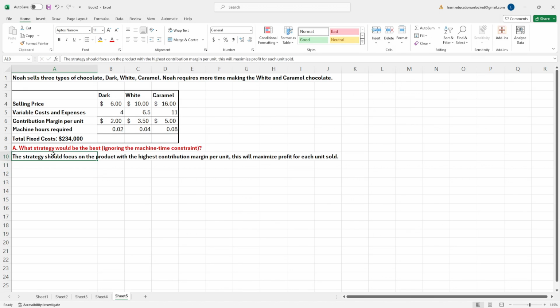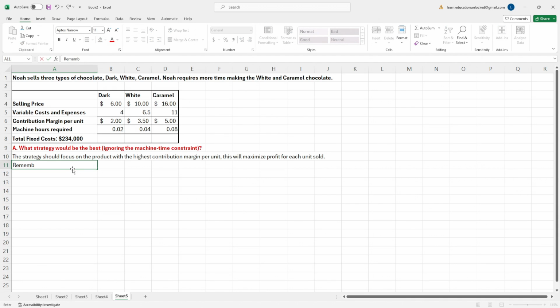And why are we looking at the highest contribution margin? So why do we even care about this part, contribution margin per unit? So this is something you have to remember, and hopefully you guys do remember this already. Contribution margin contributes to covering fixed costs. So if you have a low contribution margin, let's say if we look at the dark chocolate, this is the lowest one.